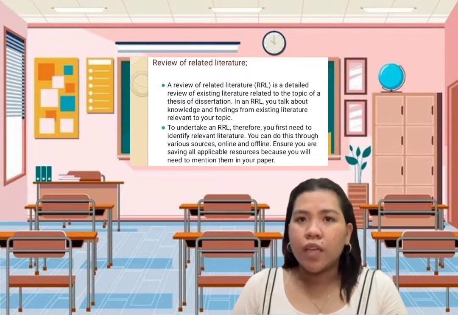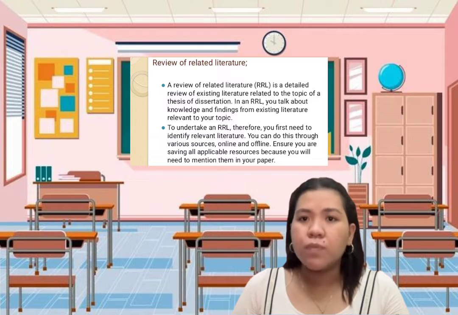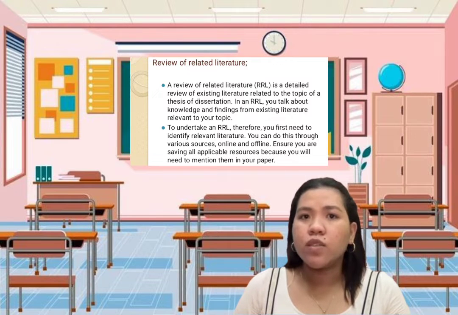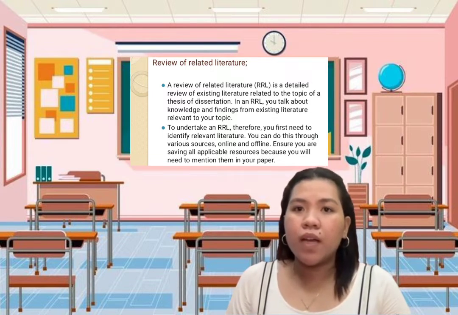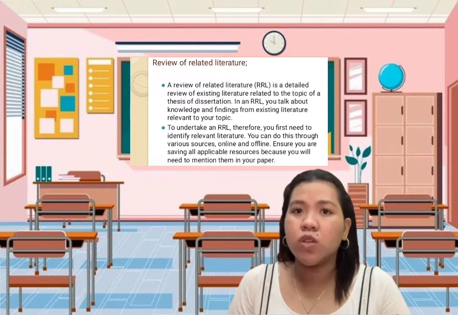To undertake an RRL, therefore, you first need to identify relevant literature. You can do this through various sources, online and offline. Ensure you are saving all applicable sources because you will need to mention them in your paper.